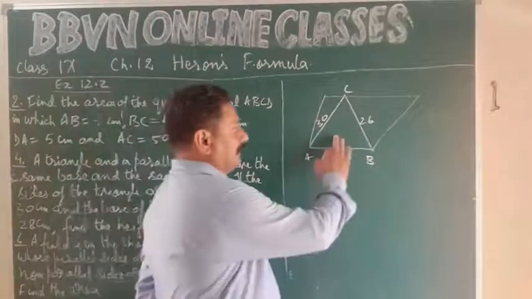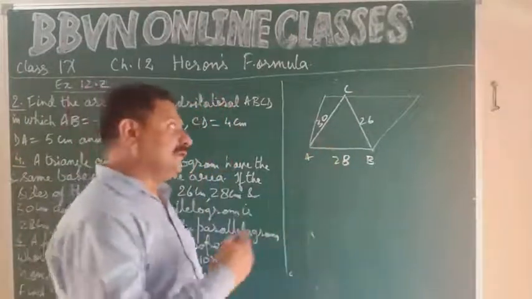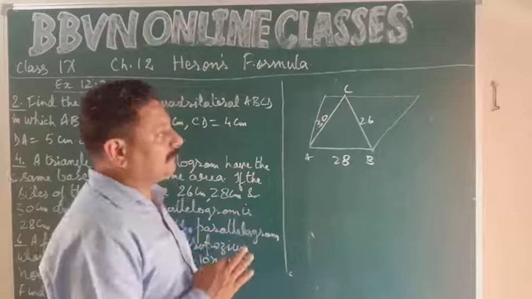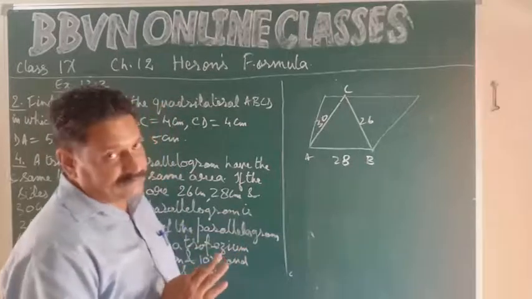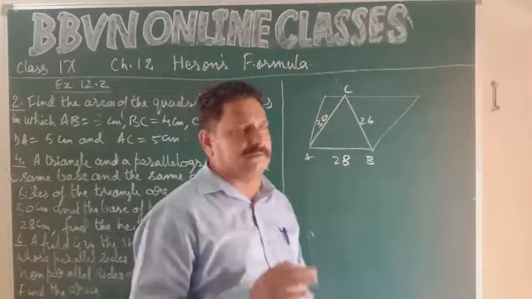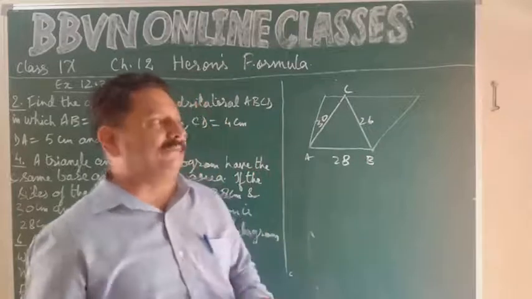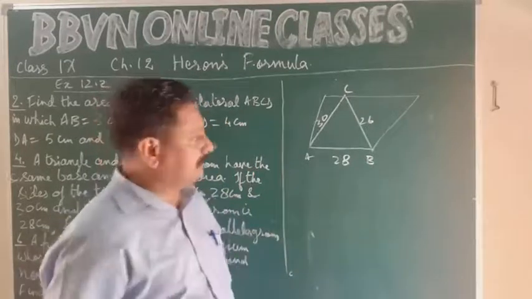So first we will find the area of the triangle. Using this, because the question says the area of triangle and area of parallelogram are equal. See children, there is a theorem which we have not done in triangles.